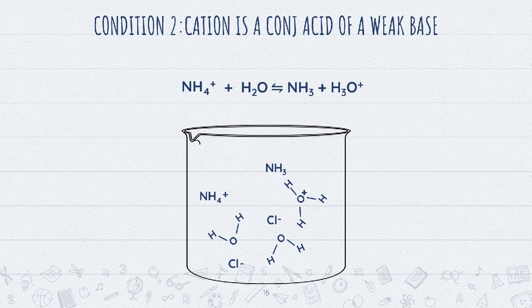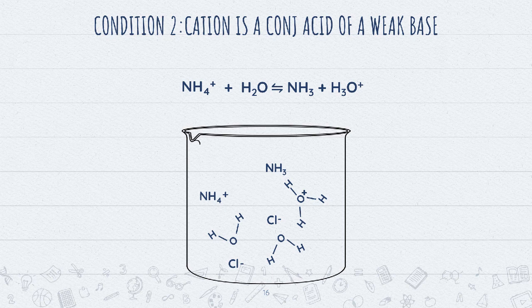Although the animation is not as flashy, in the animation an ammonium ion has donated a proton to water to form H3O plus ions, and this is represented in the equilibrium reaction above. So NH4 plus H2O gives you ammonia and H3O plus ions, and it is a reversible reaction.